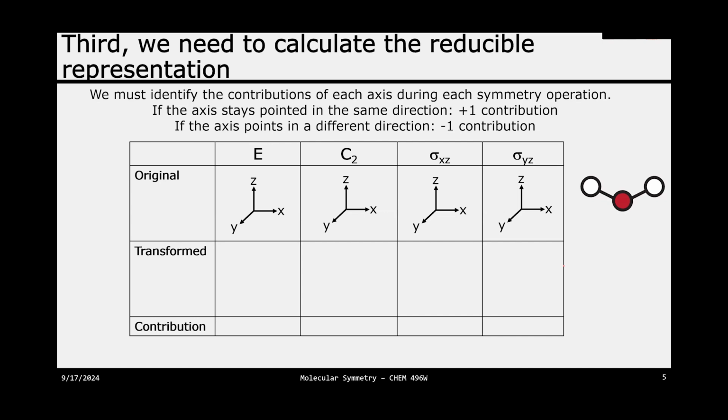If it stays pointing in the same direction, it's a +1. So the way we're gonna do this, X, Y, and Z, this will be 1, 2, and 3 on the contribution line. So for E, are any of my X, Y, or Z's moving? No. Stays the exact same. So each one contributes +1, and we get a contribution of 3.